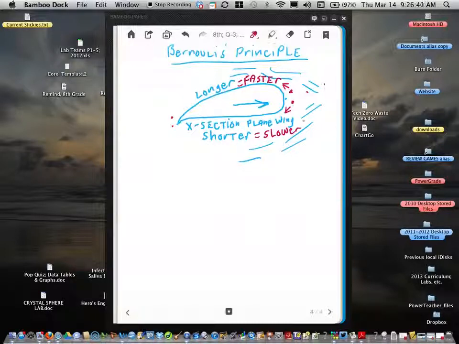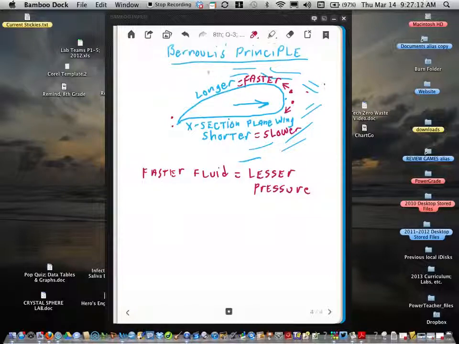Well, good old Bernoulli, he said that the faster the fluid is, the lesser the pressure. The faster the fluid, the less the pressure.